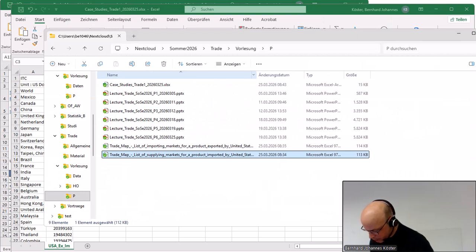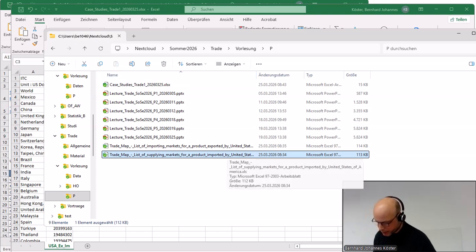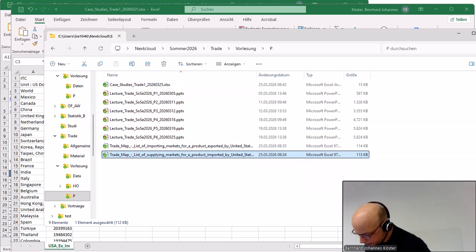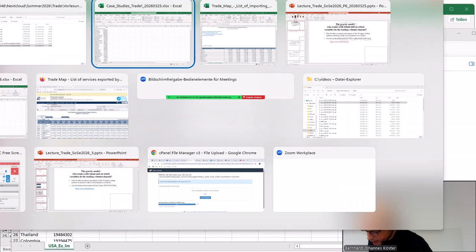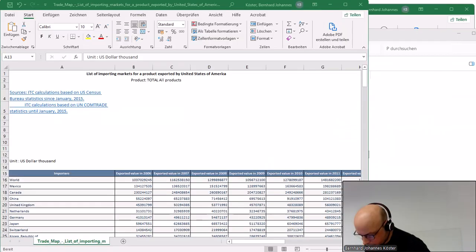Oh, I think now I interchanged it. I have to be careful that I have not changed exports and imports. Let's do it again.